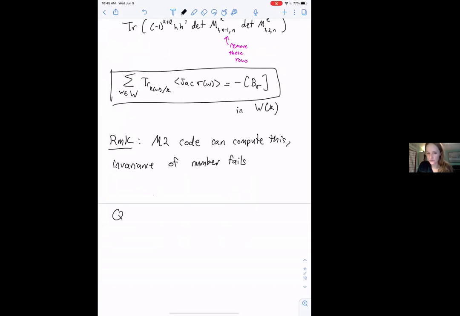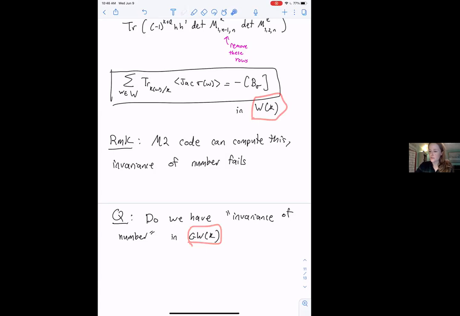Question, do we have invariance of number, and I mean enriched in quadratic forms? The difference between the Witt group and the Grothendieck-Witt group is not important here. We know the rank from the classical case over C. So for all intents and purposes, this isn't an interesting difference here.